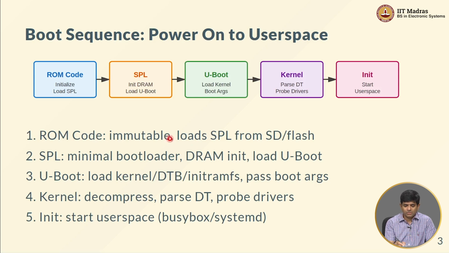So the ROM code is immutable, and what it does is it typically loads the secondary program loader from either flash memory, which is the most common, or potentially some kind of SD cards.